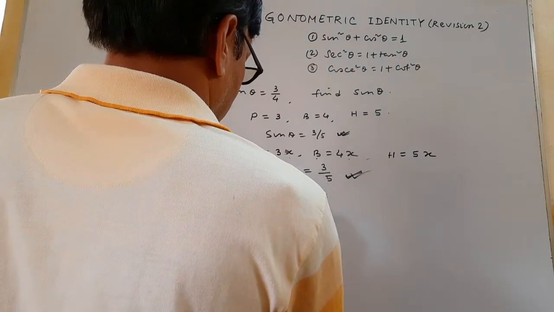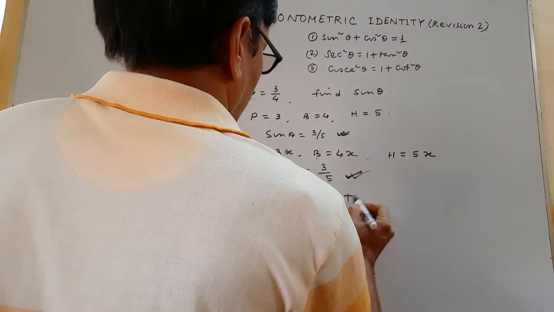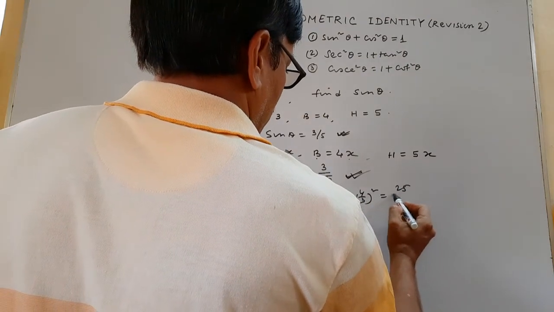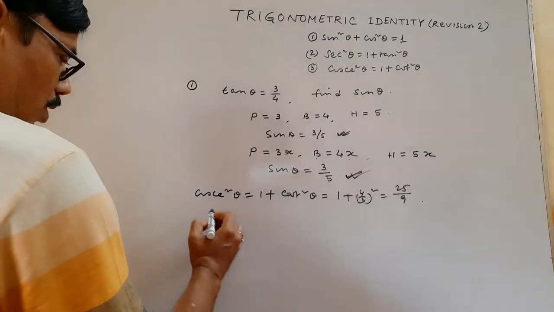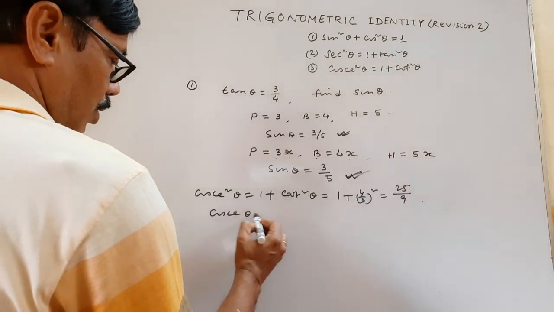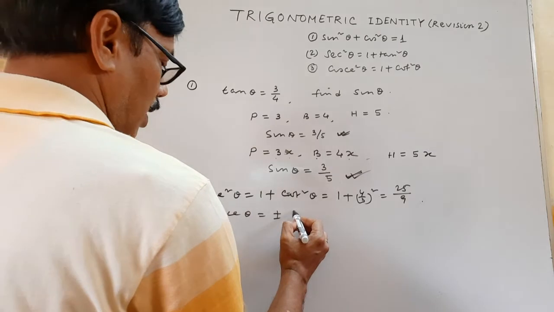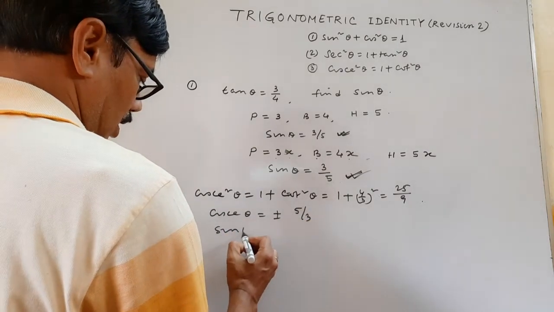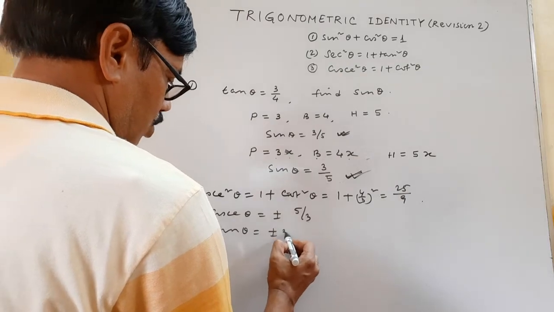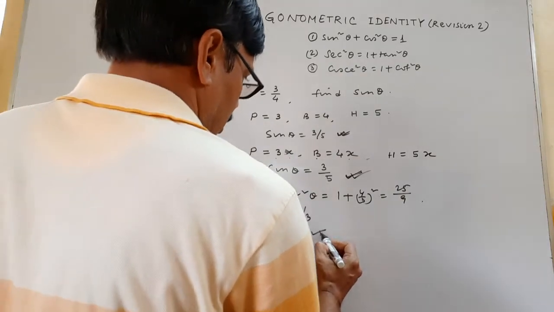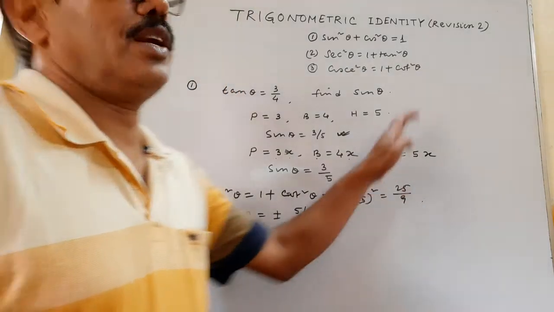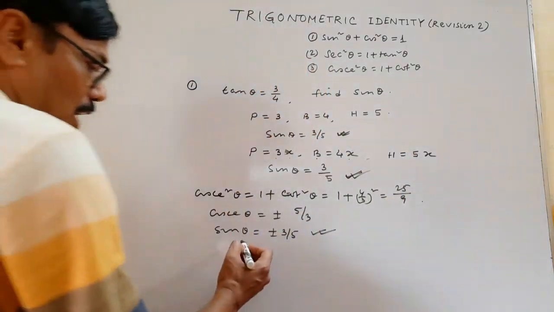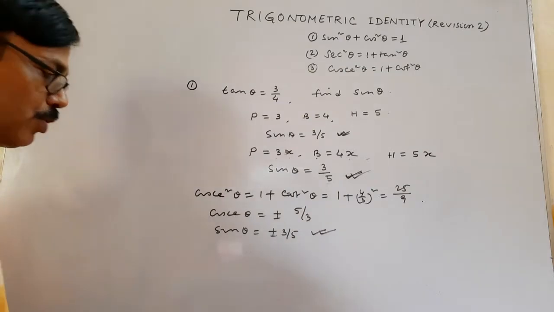So 1 plus, cot theta is 4 by 3, whole square. So this is 25 by 9. So what is cosec theta? Cosec theta equals plus minus 5 by 3. So sine theta equals plus minus 3 by 5. Using identity, we can solve it.